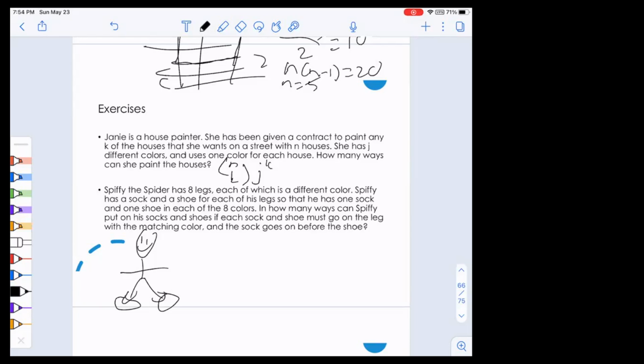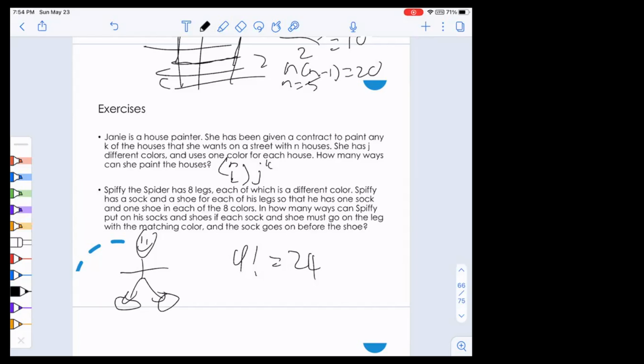Let's think about it. First, we need to find all of the ways you can put everything on randomly. That's 4 factorial since there are 4 items, which is 24. But since some of these aren't allowed, we can focus on each foot first. We eliminate all the possibilities where she puts on the left shoe before the left sock.